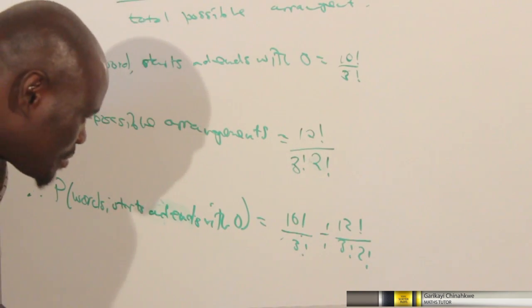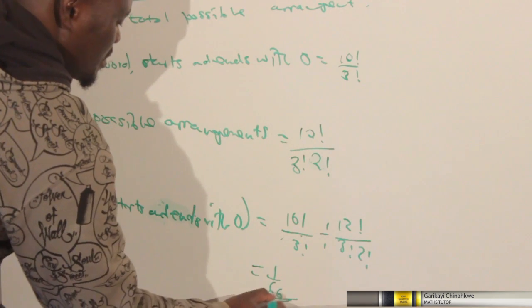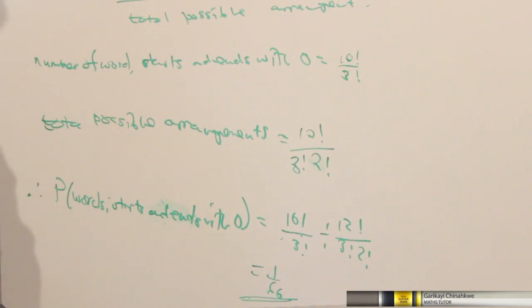I'm just going to use my calculator quickly. So the probability is going to be 1 over 66. That's the probability.